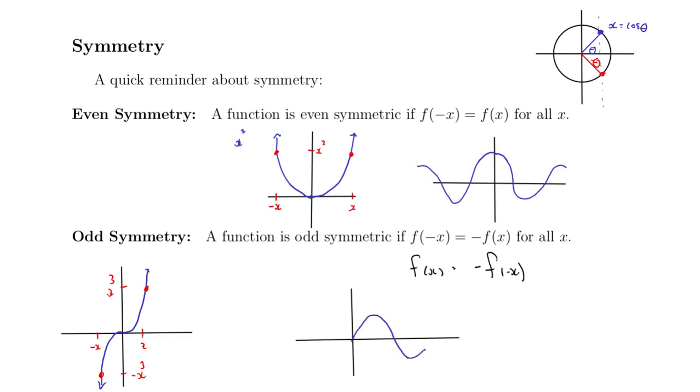Our sine function looks like this. And so you might think of it as like a rotation around the origin. And if we go back to this unit circle idea, we can hopefully see pretty easily why our sine function is odd symmetric. We're going to do the same kind of thing that we did earlier.